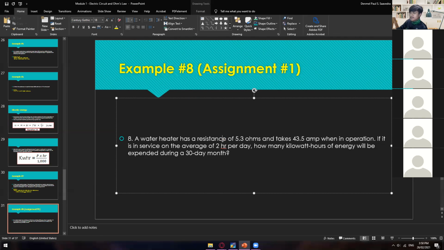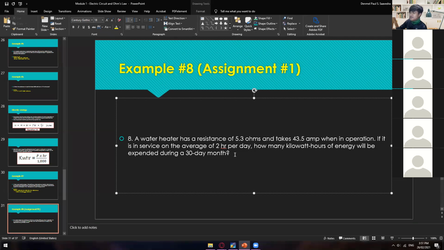Century Gothic, okay? But if you cannot do this one on Microsoft Word, like you're not really familiar when it comes to putting equations, you can do this one handwritten. However, please write legibly. Because if I cannot understand your solution or your handwriting, then you might get a 0, even though you've got the correct answer.